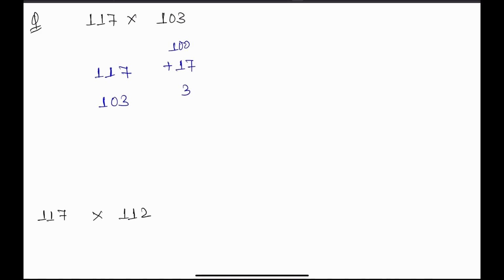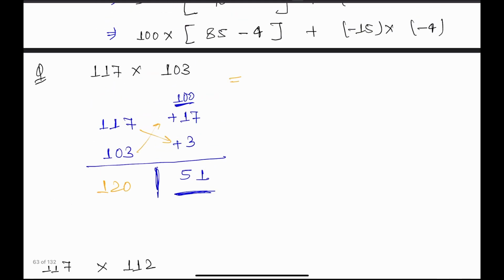Here 3, and both are plus, right? So what is going to happen? Because this is 100, last two digits, we can just multiply 3 into 7, that is 21. And then what we need to do? We need to add up 117 plus 3, 120. So the answer of this question is easily going to become 12021.